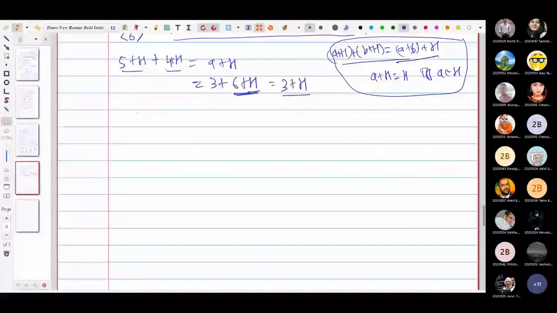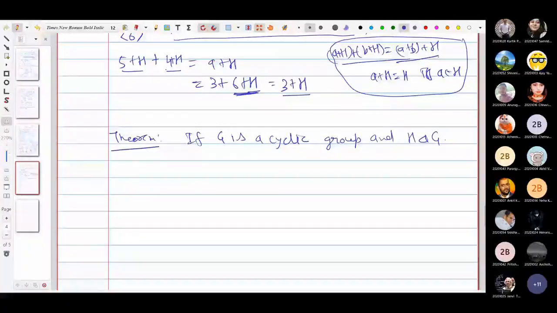This theorem says that if G is a cyclic group and H is normal in G, then G by H is cyclic.